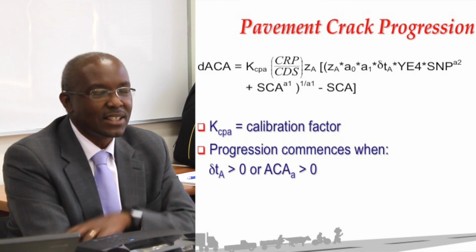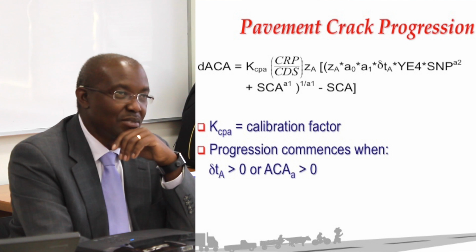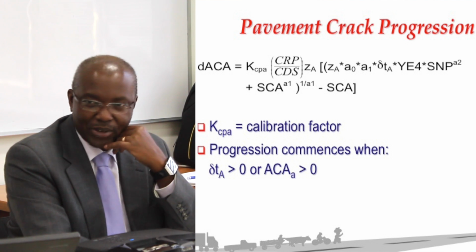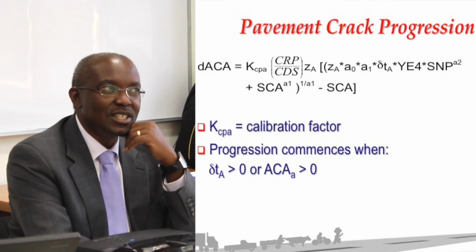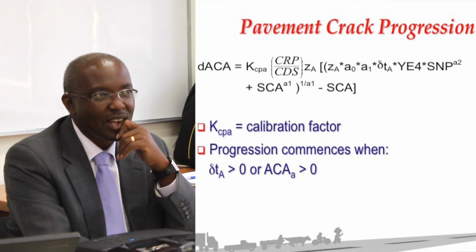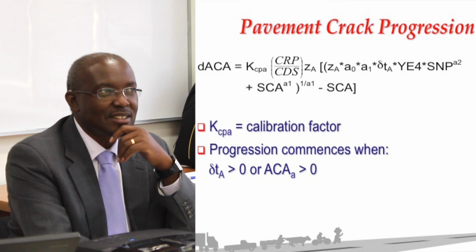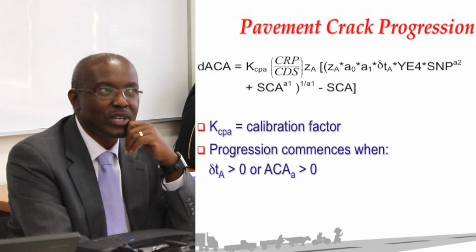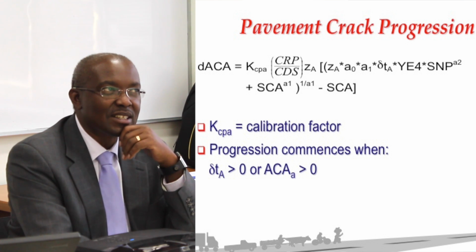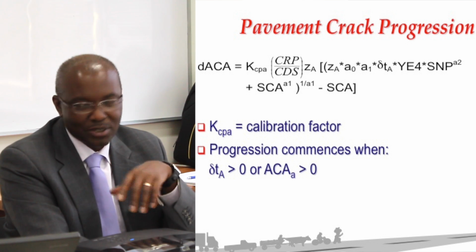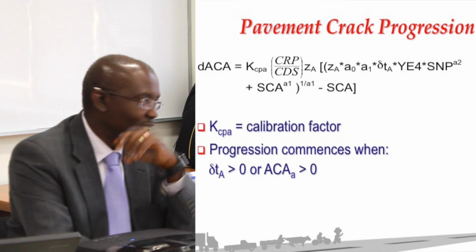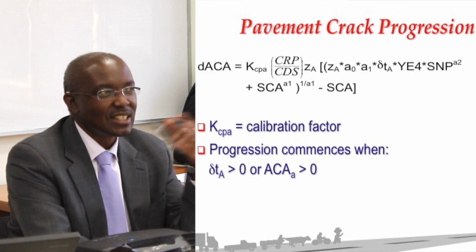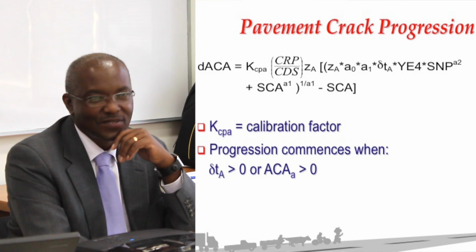We observe what has happened in the past, and then we do some form of regression analysis to come up with these coefficients. And the coefficients are basically different types of roads, the loading factor, the strength of the pavement, and the maintenance history, and so on and so forth. So if you wanted to do some high-powered econometric analysis, this is the type of thing you end up doing.